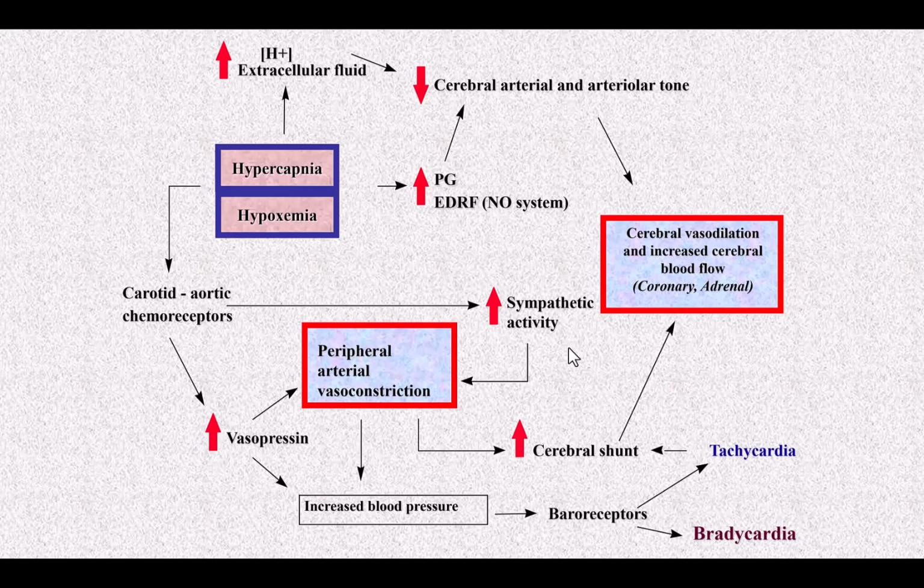And so the fetus tries to shift the cardiac output to the organs that are more important for fetal life, so the brain, the heart, and adrenals.